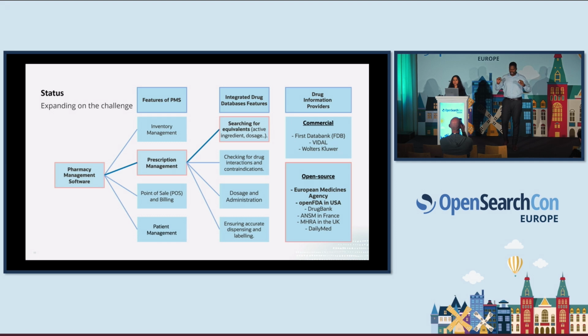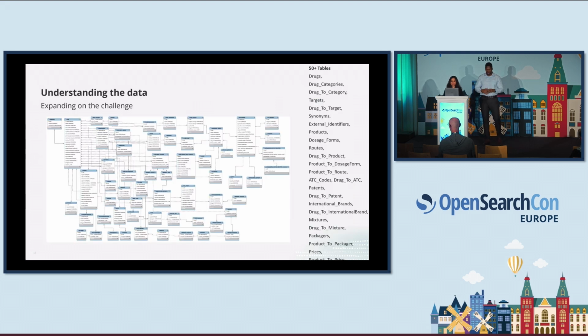So we have the EMA, the European Medicines Agency. We have the FDA, for example. And also, we have this one, DrugBank, and that one is open source. I was really happy to discover it. That one will be our inspiration, and we will try to see how we can do something similar with OpenSearch.